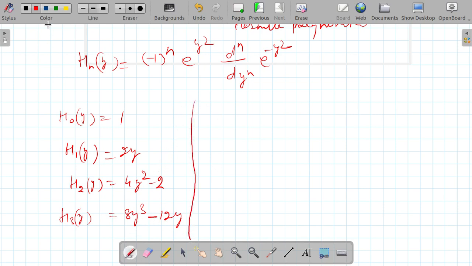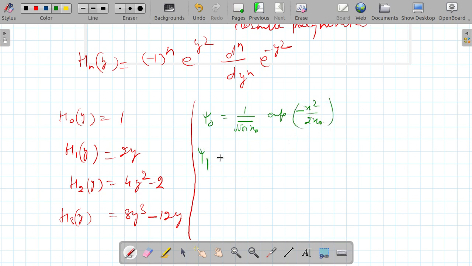function also. So the wave function psi naught can be written as 1 over root pi x naught, whole under the root, exponential of minus x square over 2 x naught square.